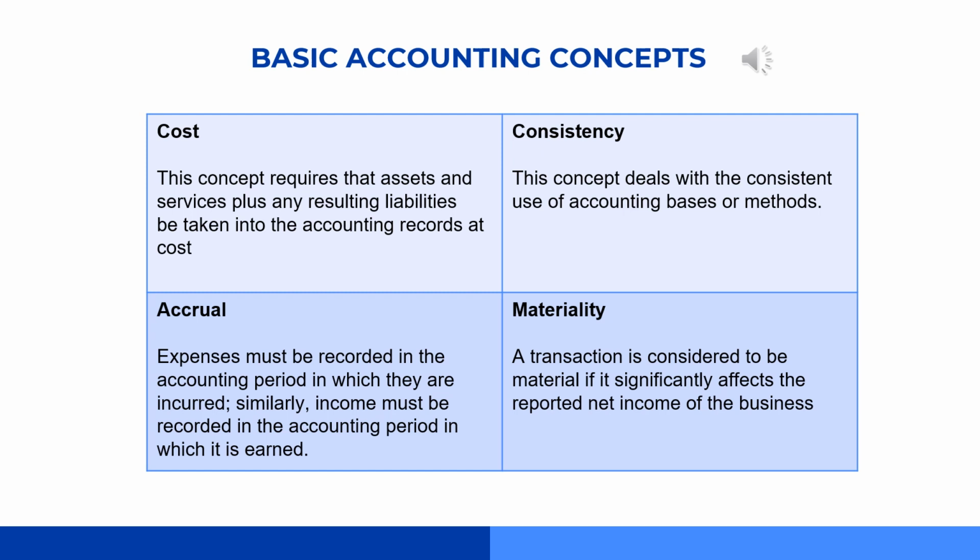And then the next one is materiality, which is that a transaction is considered to be material if it significantly affects the reported net income of the business. So in accounting, we choose not to disclose immaterial transactions, or transactions that are not of significant amount.